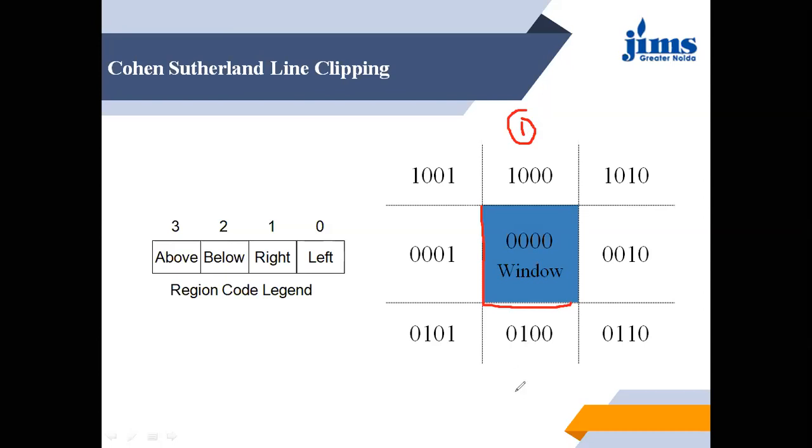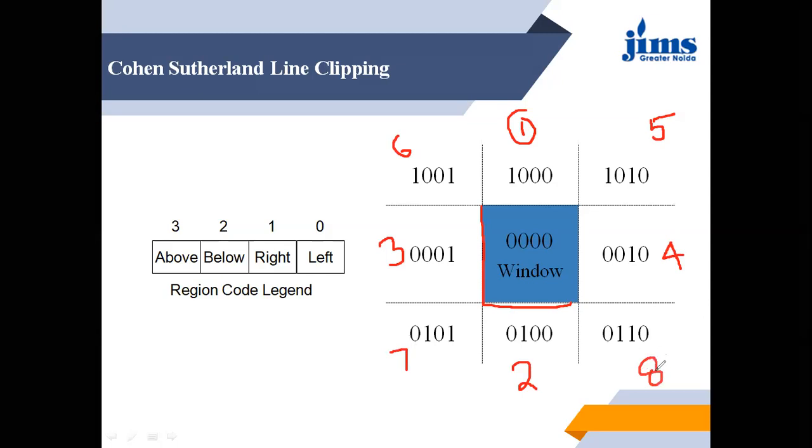the third is to the left of the window, the fourth is to the right side of the window, the fifth is above and to the right, the top right, the sixth is the top left, the seventh is the bottom left, and the eighth is the bottom right.